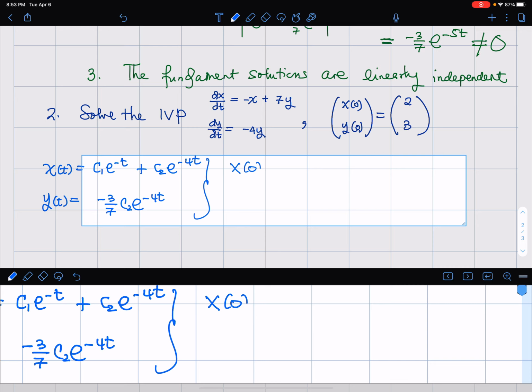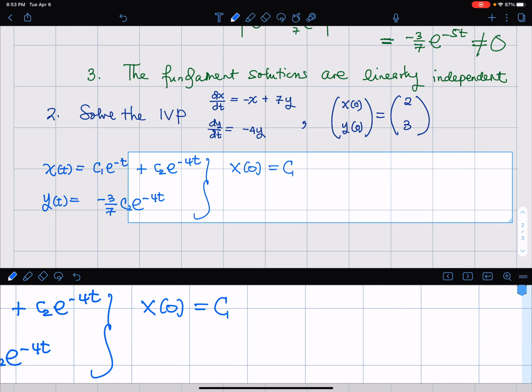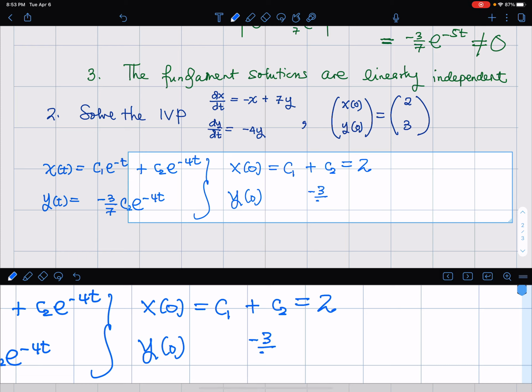So let's see, if we plug in zeros for t, we get x of 0 is equal to c1 e to the power of negative 0, so it's just c1 plus c2, and this is equal to 2. And then y of 0 is negative 3 over 7 c2, and this should be 3.